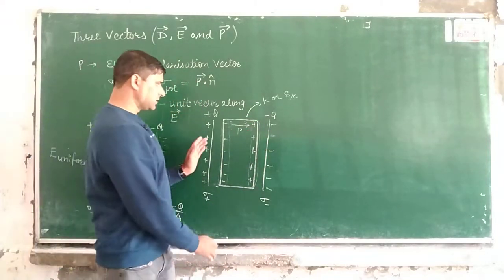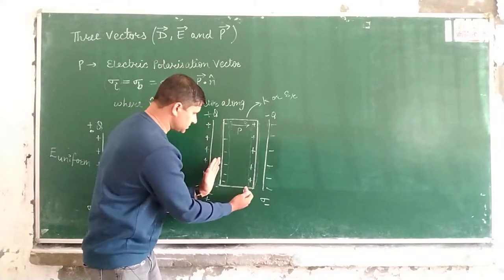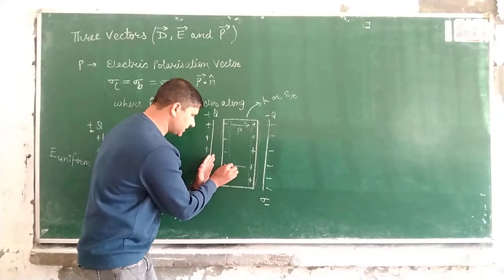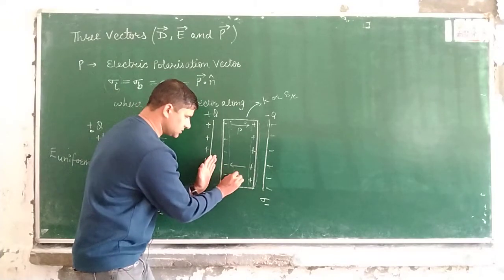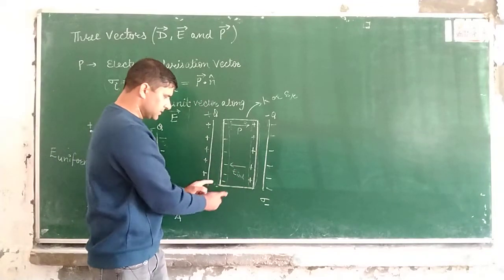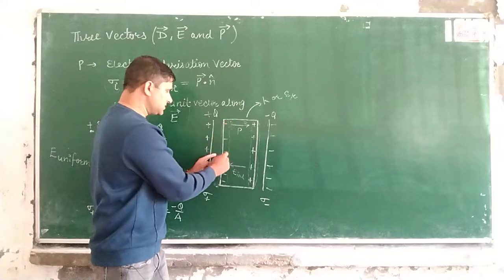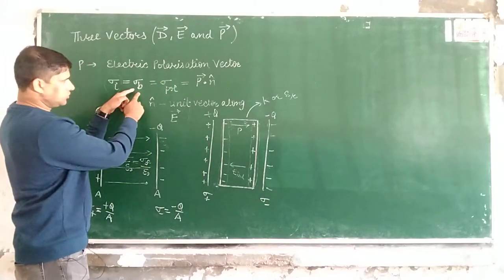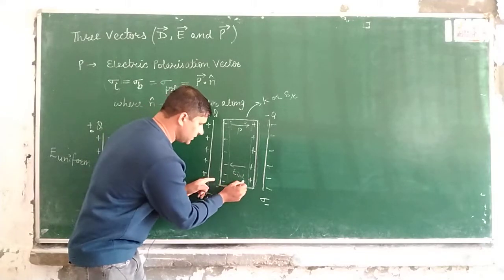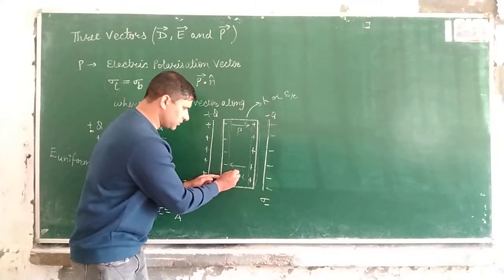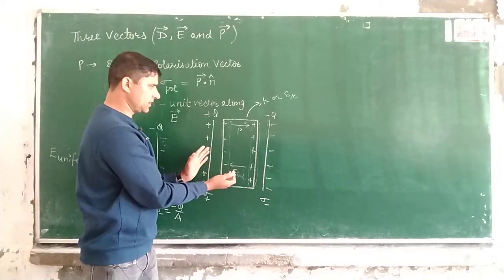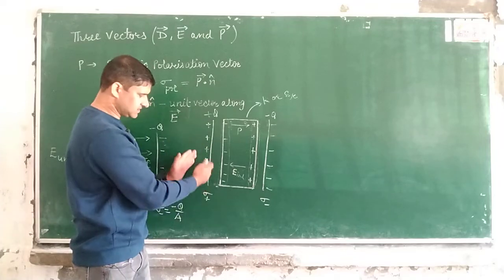Now if you think of these induced charges, the electric field due to induced charges will be along this direction. So this will be E induced. These induced charges are bound charges, as we have discussed. This electric field due to induced charges will oppose the electric field lines which are due to the free charges.